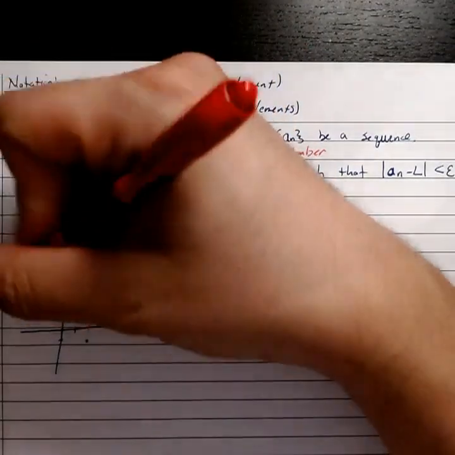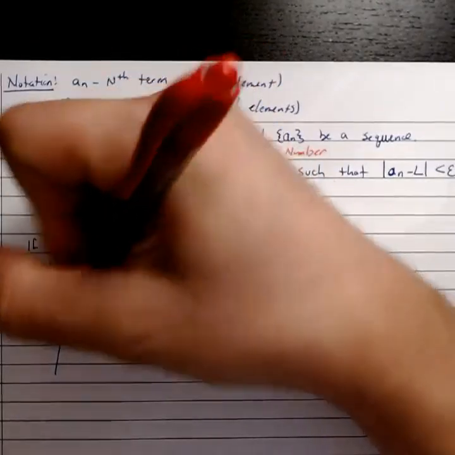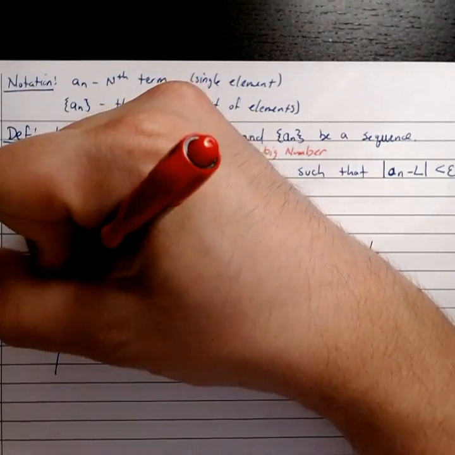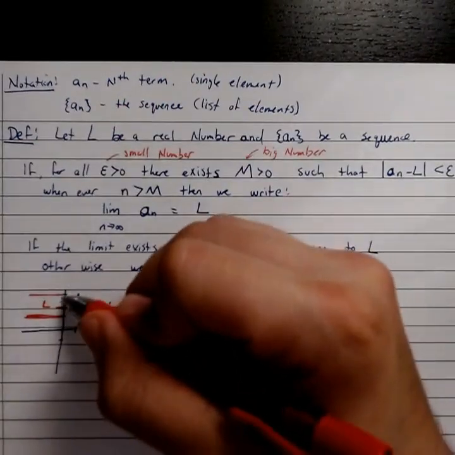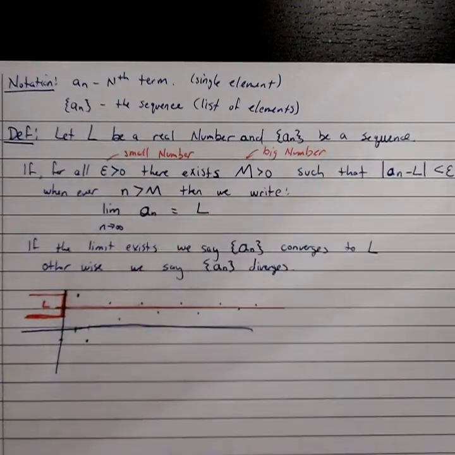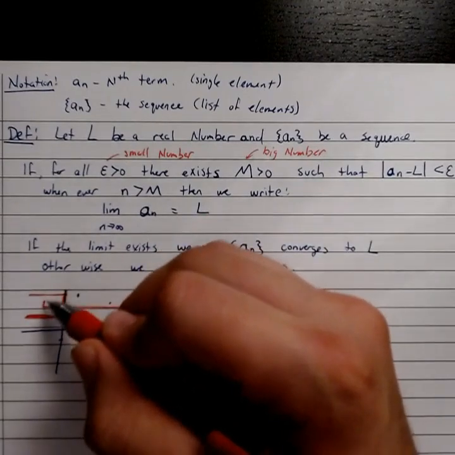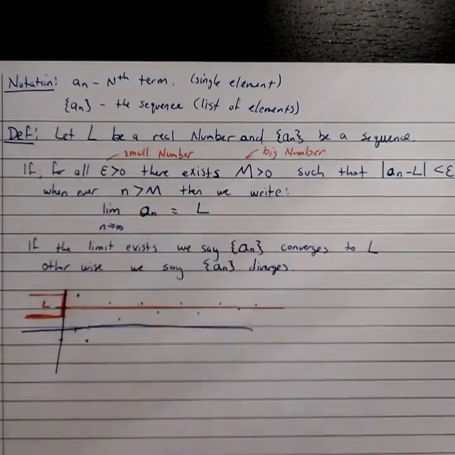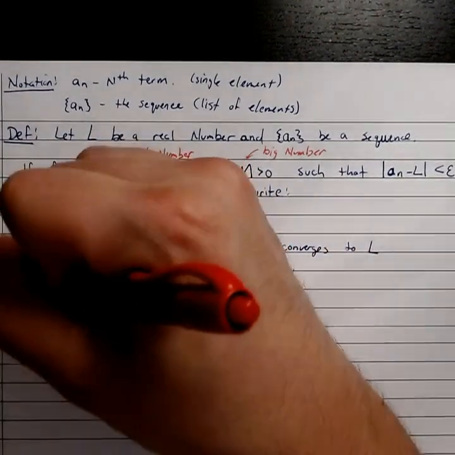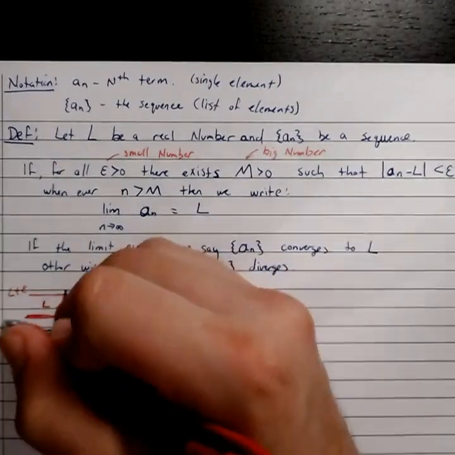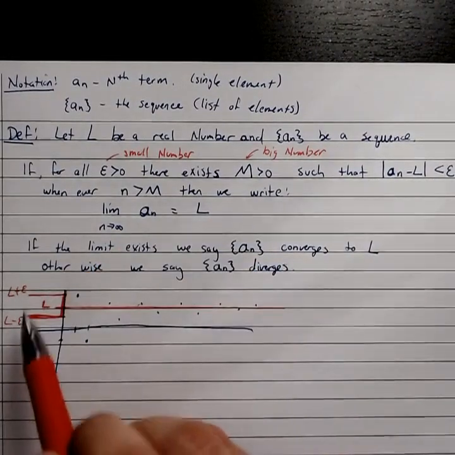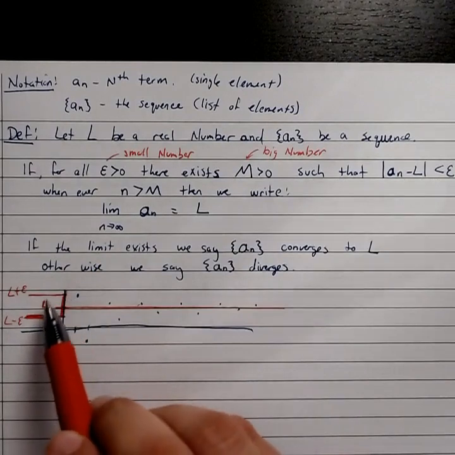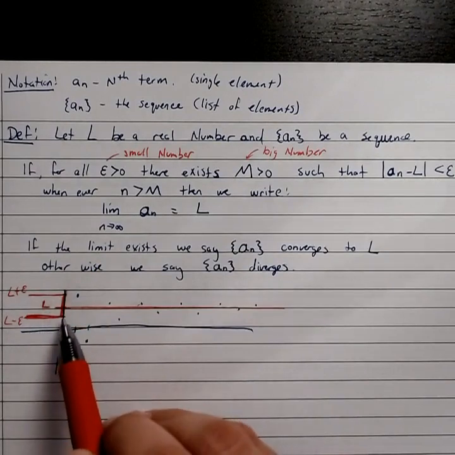Visually, what that means is, if this is your L, pick a small little neighborhood around L, meaning pick a small interval so that the maximum you go away from L is that tiny number epsilon. L plus epsilon would put you above L, and L minus epsilon is below L. But again, remember, this is a very tiny number. So if this is 50, this would be 50.0001, and this would be 49.9999.